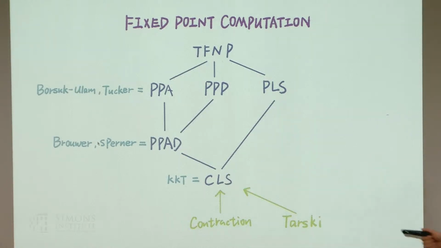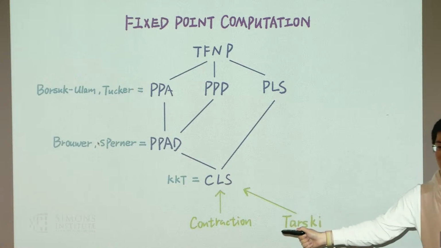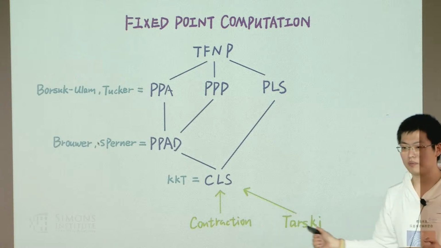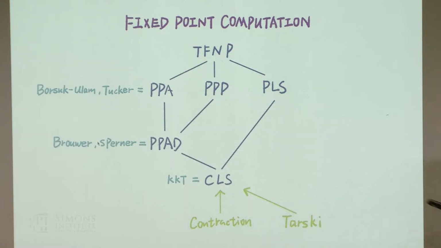But we also have these two fixed points, contraction and Tarski, that probably we care most about in this community, because simple stochastic games can be reduced to both of them. They subsume simple stochastic games and all these parity games, mean-payoff games. We only know they are below CLS and we don't know any lower bound.